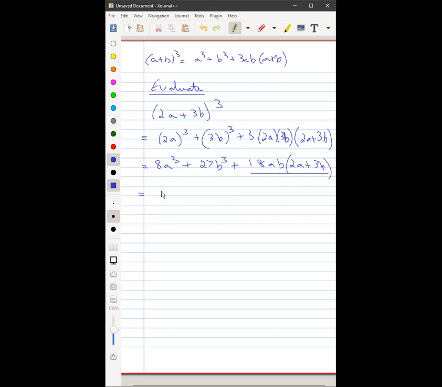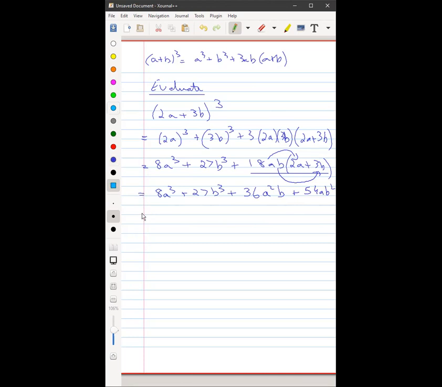So what do we get? 8A cube plus 27B cube plus 18AB into 2A, which is 36A squared B, and 18AB into 3B, which will be 54AB squared. Right?